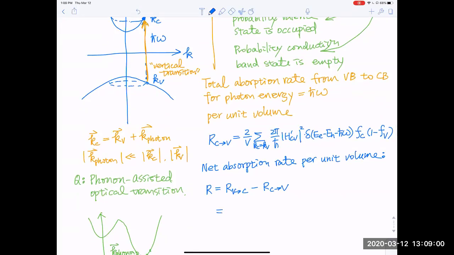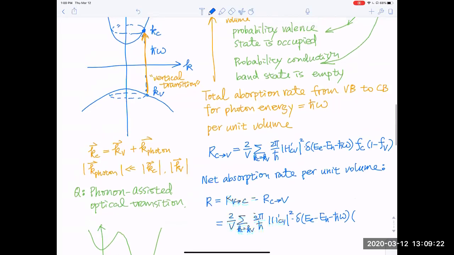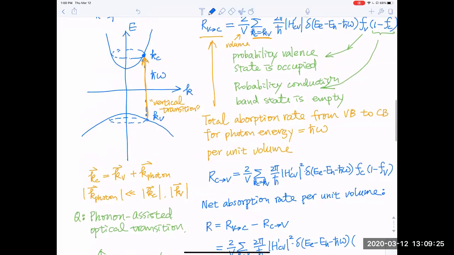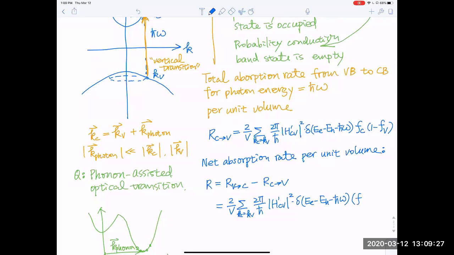So this is equal to 2 over V, sum over Kc equals Kv, 2 pi over h bar, matrix element squared, and conservation of energy. And you'll find the product term cancels out. So this simply becomes Fv minus Fc. So it's actually a simpler expression here.